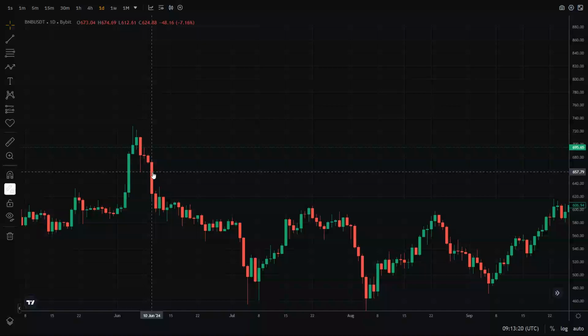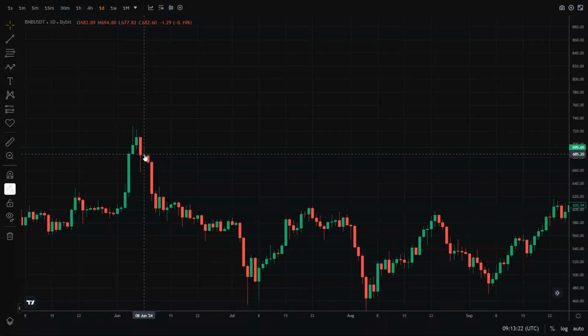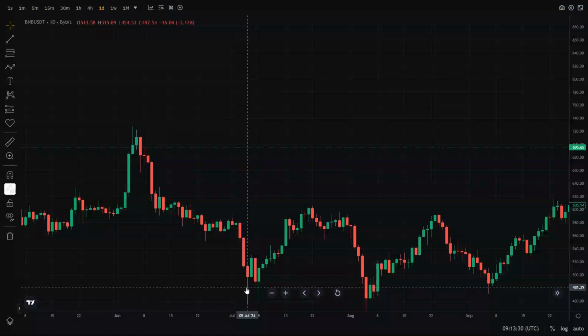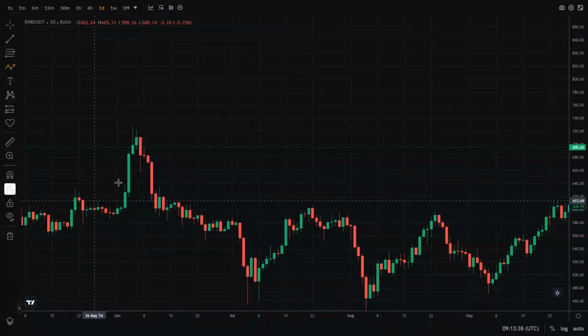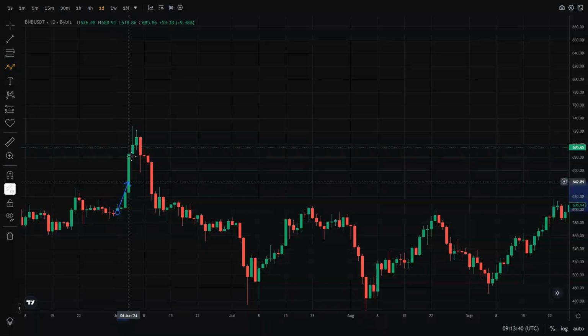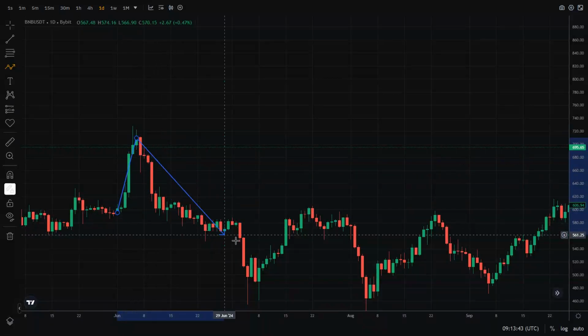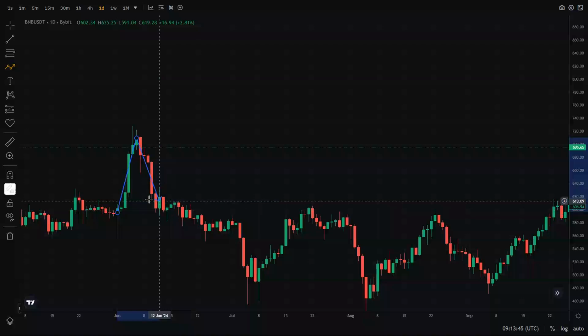Remember, the downtrend consists of the run coming this way. This is the run. This looks like the pullback. Then it comes down, it runs, it pulls back, runs, pulls back, runs. Let me use the path to follow it. This is the run, this is the pullback, probably to this level.